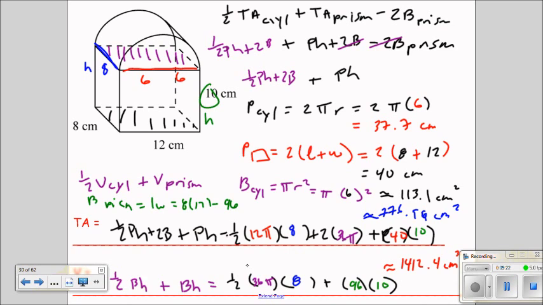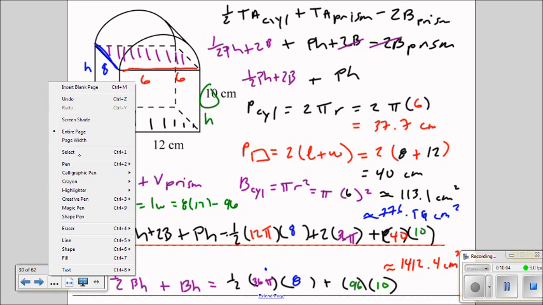And then to find the base area of the prism, it's length times width, which is 8 times 12. And that calculates to be 96. So the base of 96 is plugged in. And then the 3D height for the prism is 10. So once you type that in nice and carefully, you should get approximately 1412.4 centimeters squared. I'm sorry, centimeters cubed if I was rounding to the tenths place.